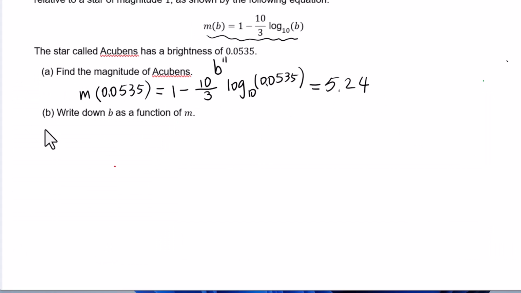Let's go to b. Write down B as a function of M. Let's write down this formula first.